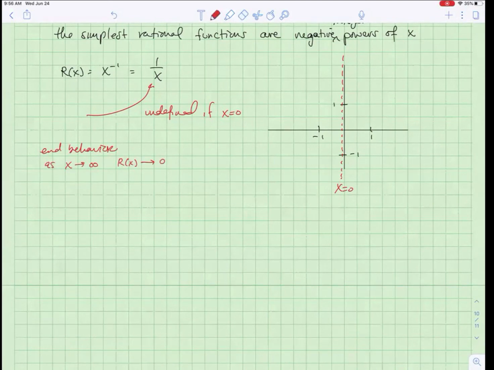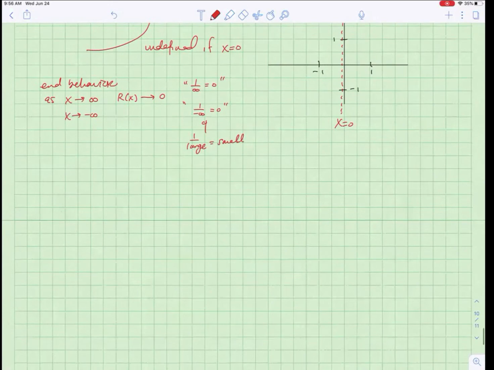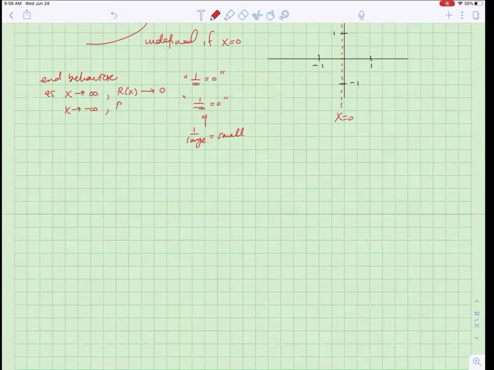Also, as x approaches negative infinity, 1 over infinity is tending towards 0. Those aren't actually equal, but we think of them that way. And 1 over negative infinity is also a very small number. So this is the idea that 1 over large equals small is a way of expressing that. And r of x also approaches 0.